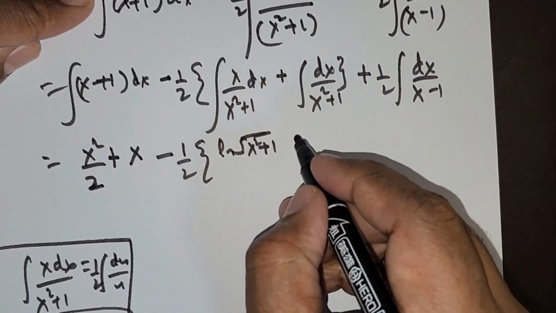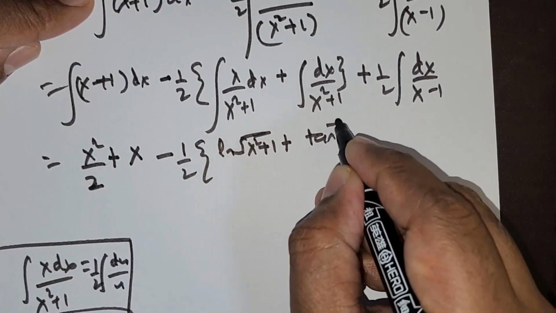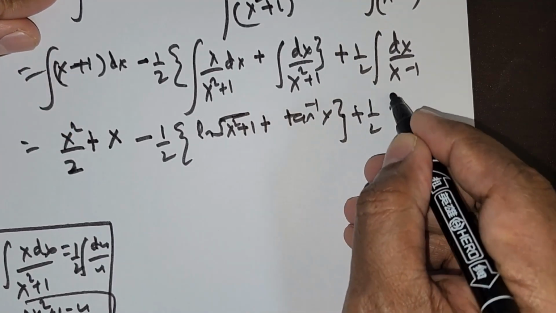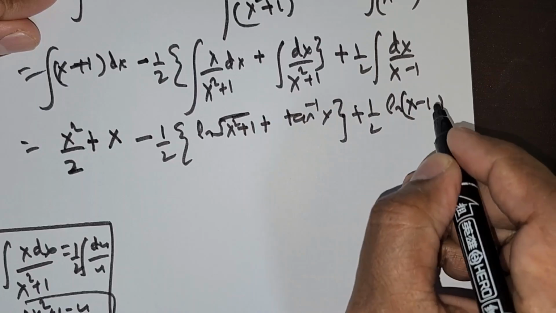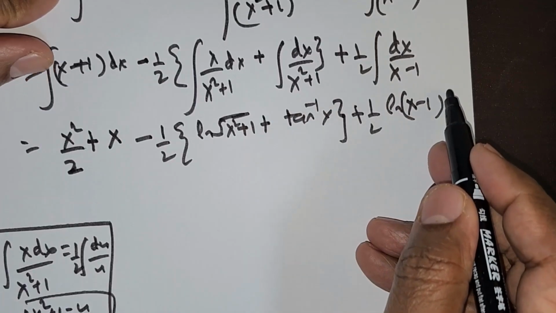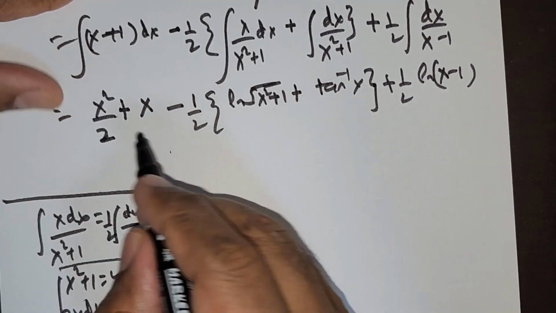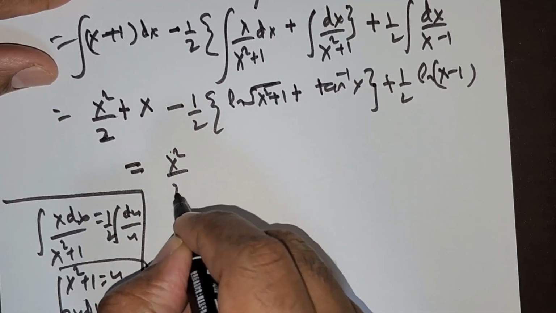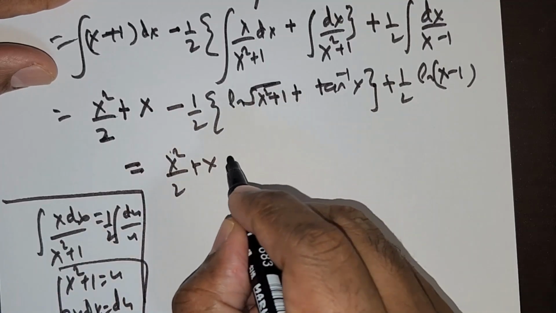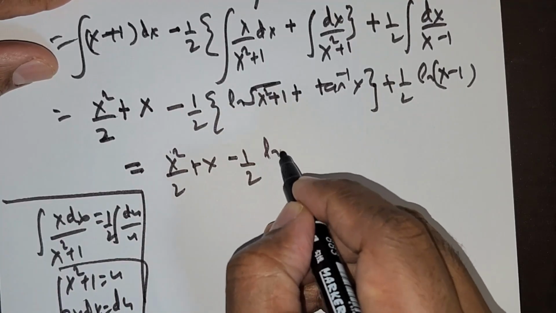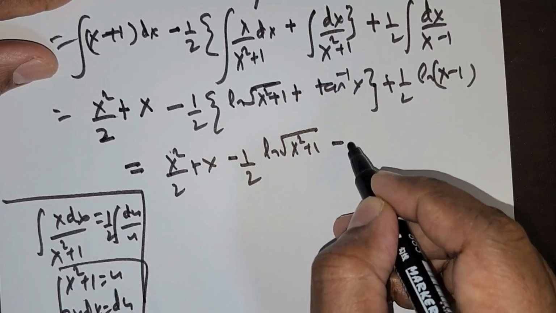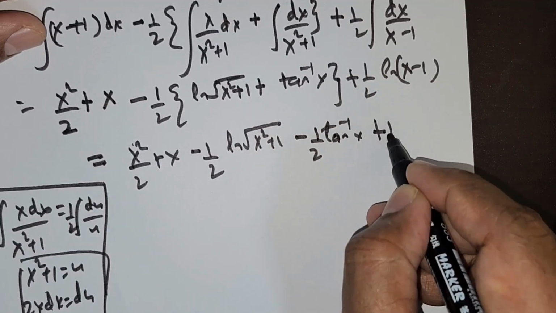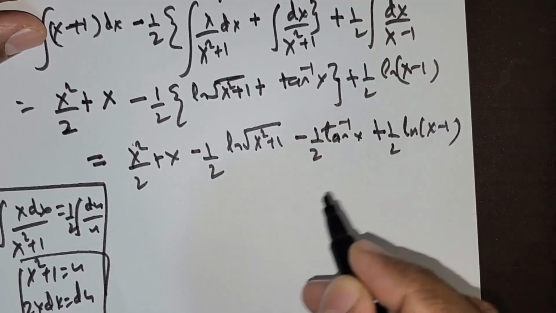That's for the first component, and this is going to be tan inverse of x, followed by 1 over 2 times ln of x minus 1. In fact, I can push this, I don't have to do that. Let's just simplify all of this. Now this is x squared over 2 plus x, followed by negative ln root of x squared plus 1, negative 1 over 2 tan inverse of x, and then positive 1 over 2 ln of x minus 1.